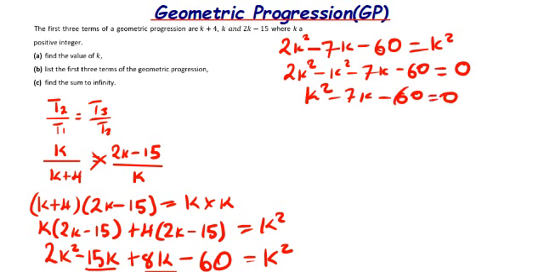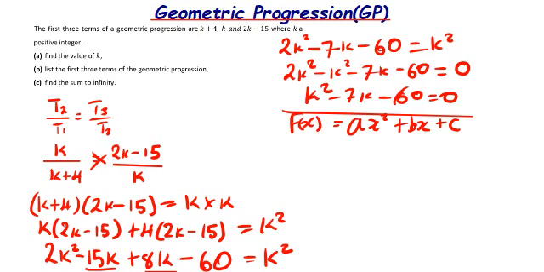Now remember, this is familiar with f of x equals ax squared plus bx plus c. So this is our quadratic form that we have there.